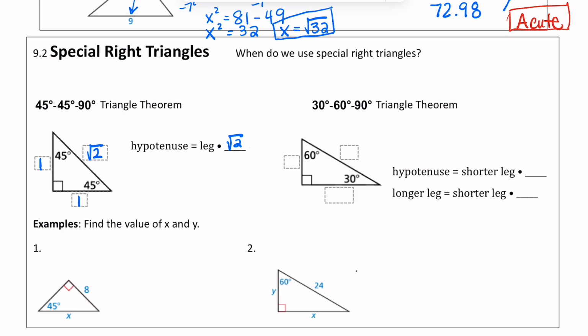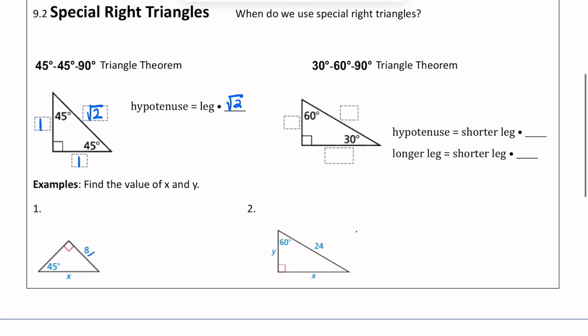So for example, down here in number 1, we see that the side or the leg is 8. So all I have to do is multiply that by square root of 2 and I get the hypotenuse. And with the 45, 45, 90 triangle, the legs are always equal to each other. It's an isosceles triangle.